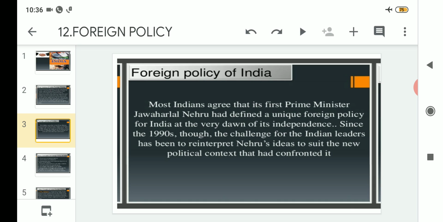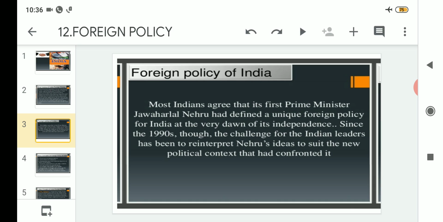Since the 1990s, though, the challenge for Indian leaders has been to interpret Nehru's ideas to suit the new political context that had confronted it. So it was running very nicely up to 1991. Whatever Jawaharlal Nehru started at the dawn of the midnight speech, from that particular day and year of 1947 to 1991, India was maintaining a good foreign policy in which it was maintaining distance from both the alliances.